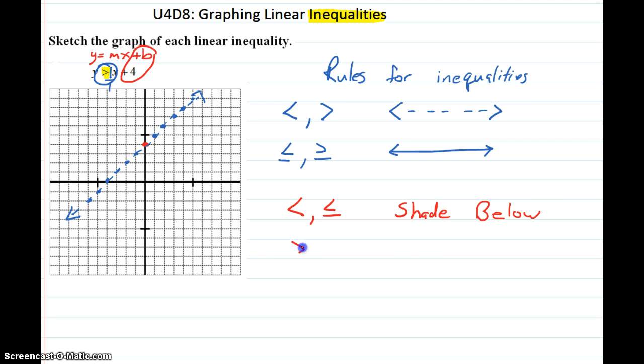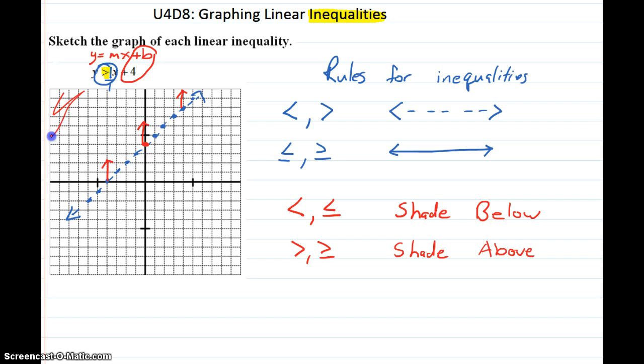And if we have a greater than or equal to, we shade above the line. Alright, so now we go back and we look at this greater than. So here we are with a greater than, so that means we're going to shade above the line. And so what I do is I just put my pencil on the y-intercept and I go above it, and I draw a little arrow. So any dot that I have means I'm going to shade above that dot, above the line.